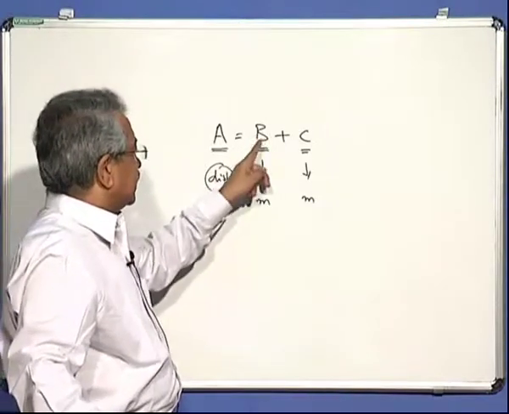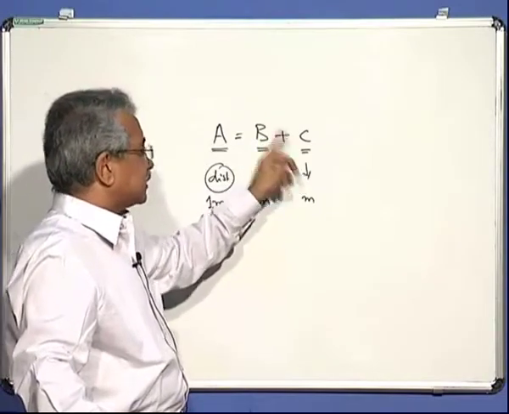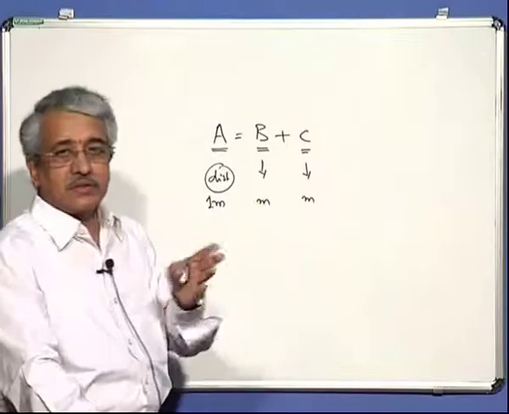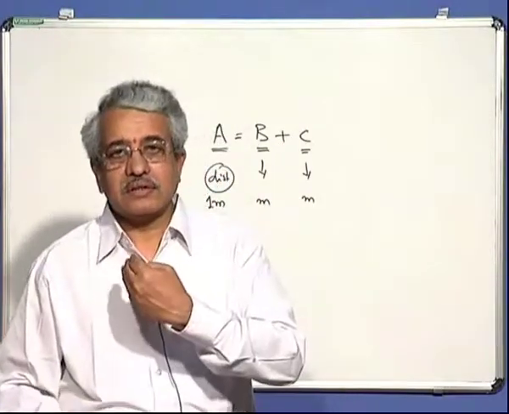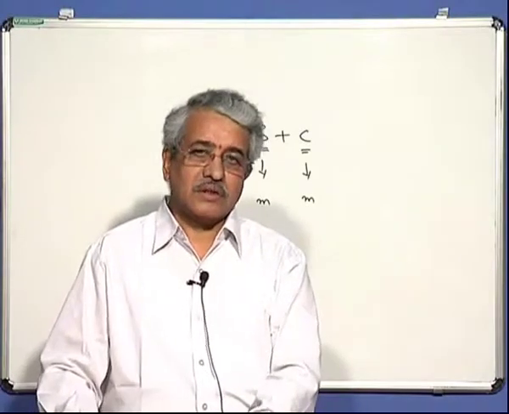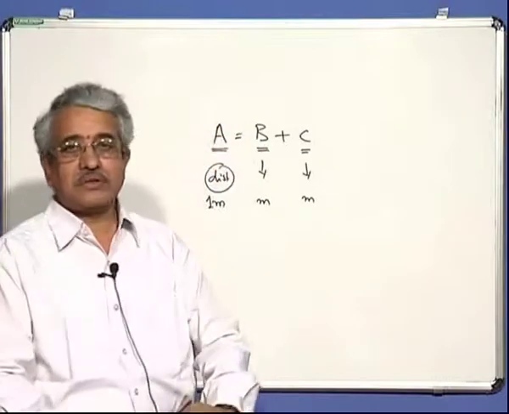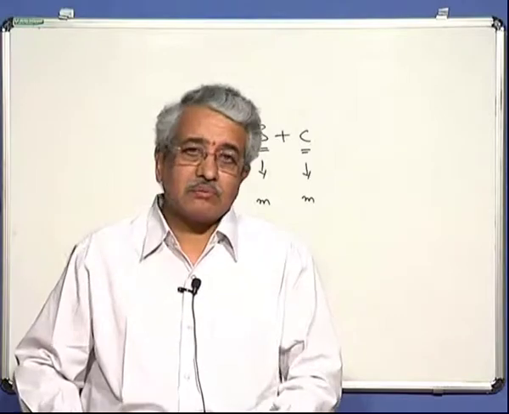Then A as a distance can be obtained only if a distance called B is added to another distance called C. If B is force and C is distance, you can't add them. Force will have different units, the distance will have different units. So those quantities which you are adding in the equation should have the same units, then only such an equation is possible. This consistency must be maintained in the equation.